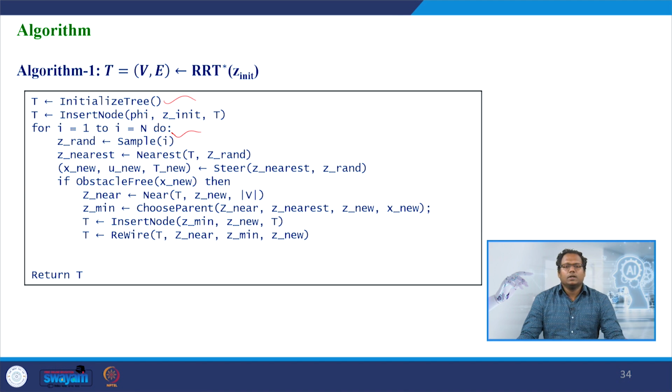Then we need to steer that nearest node to the random node by a control input, which is u new. U new is the control input that connects the nearest node to the random node, and that incremental path is given by x new based on delta to reach towards the random node.